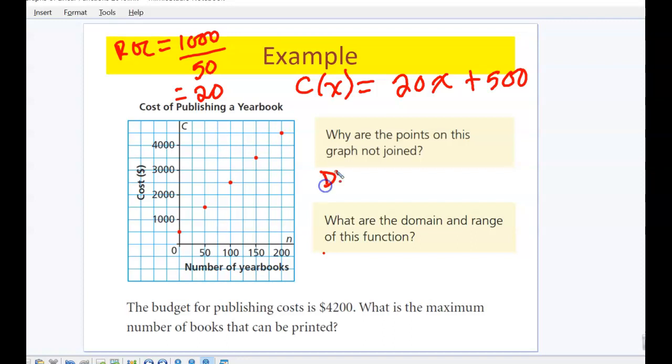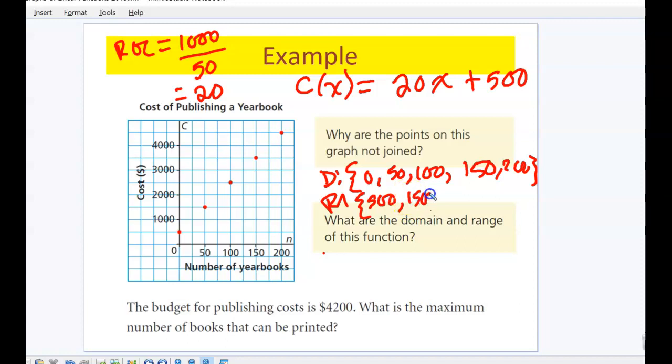Well, the domain, pretty straightforward, is going to be 0, 50, 100, 150, and 200, and the range is going to be 500, 1,500, 2,500, 3,500, and 4,500. So that would be the range.